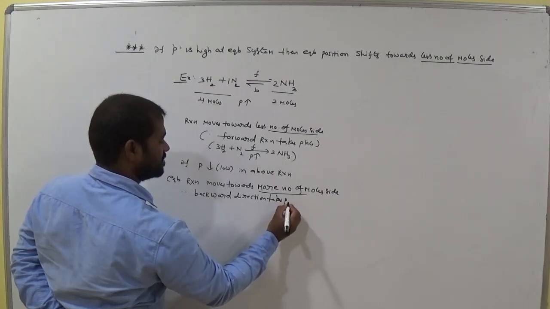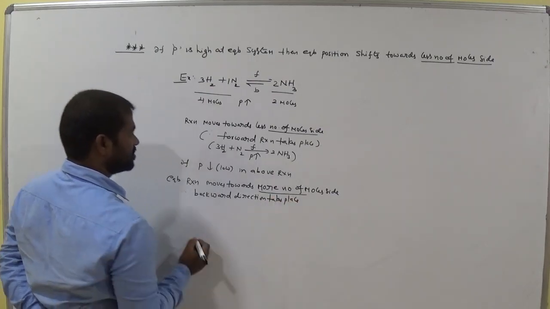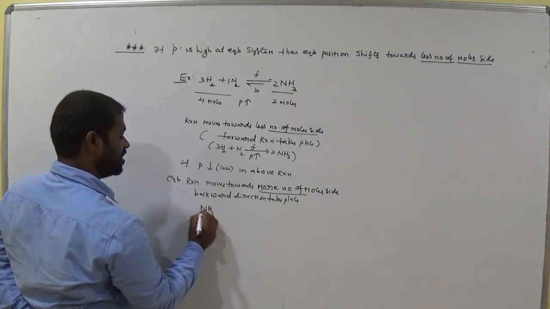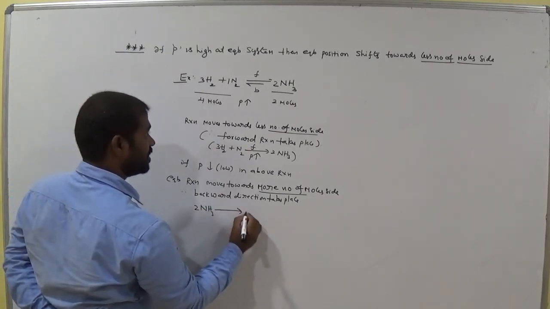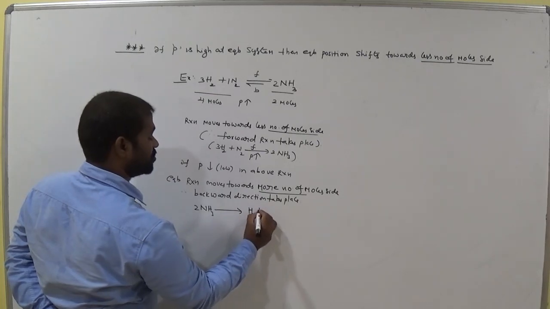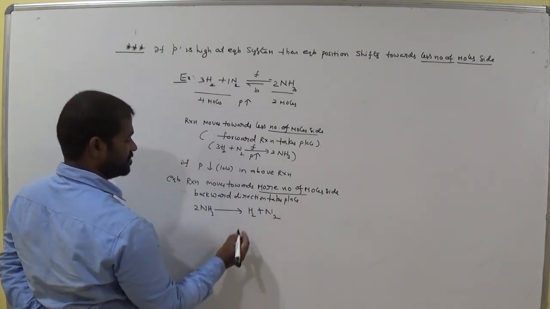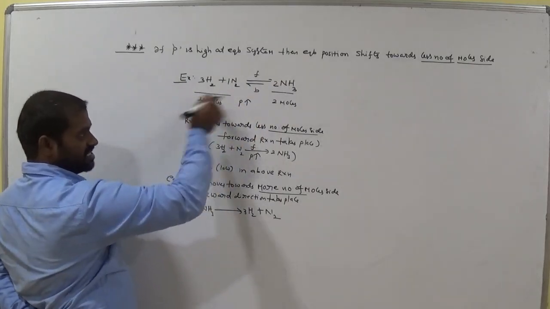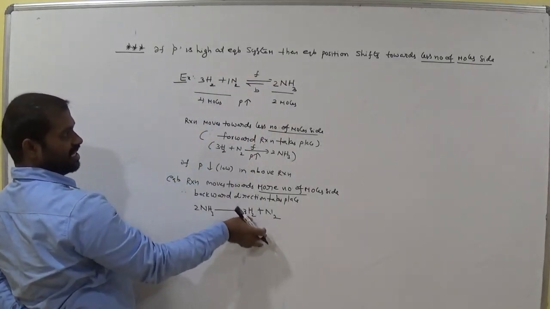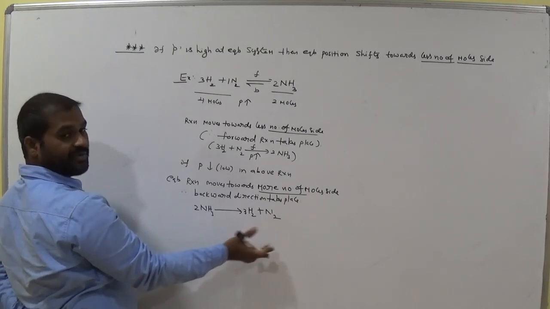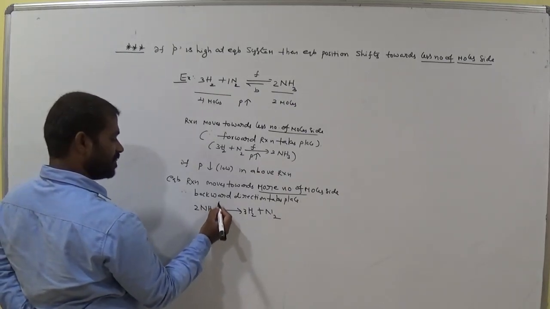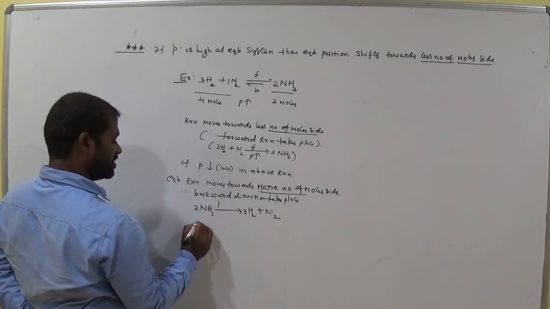That means NH3 gives 3H2 plus 1 of N2. Backward reaction.